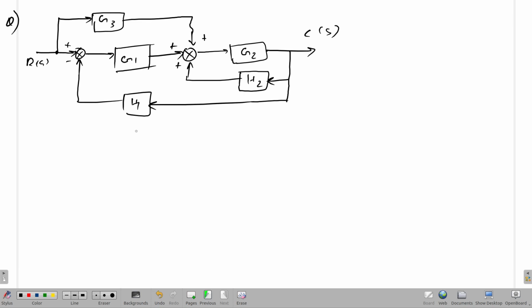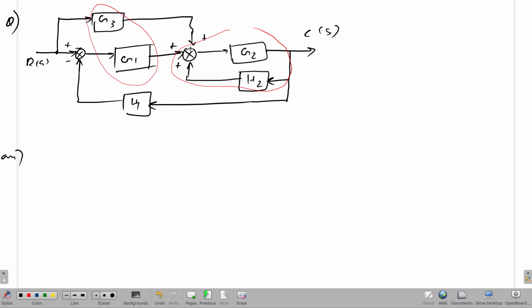Okay, so the question is to find the transfer function of this block diagram. So again I'll just draw the change only. Okay, so what is happening here? We have a feedback, right? So that actually we can isolate on its own. That is not a problem. So here we have a parallel setup and here we have a feedback for the whole thing. So we need to arrange between this feedback and this parallel system, right?